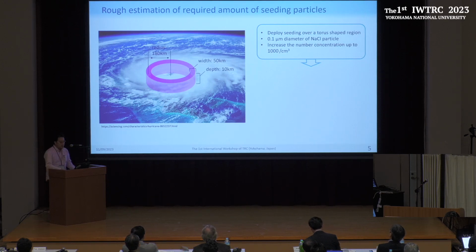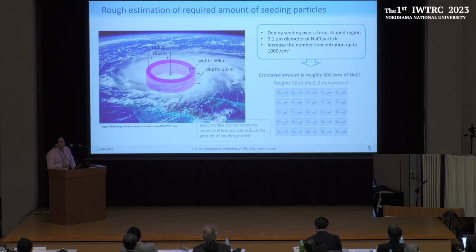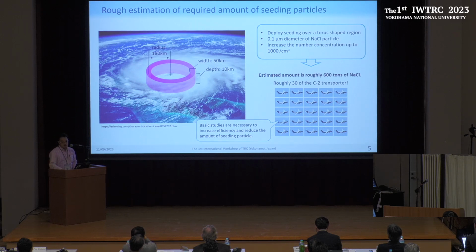And 0.1 micrometer diameter NSCR particles will be used, increasing the number concentration up to 1,000 per cubic centimeter. By expecting this, the estimated amount is roughly 600 tons of the solid particles. This corresponds to roughly 30 of the C-2 transporter airplanes.